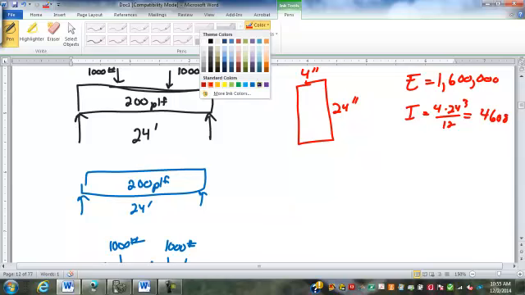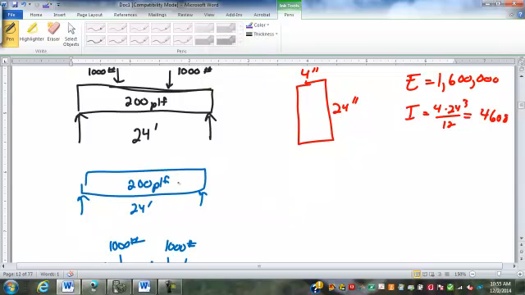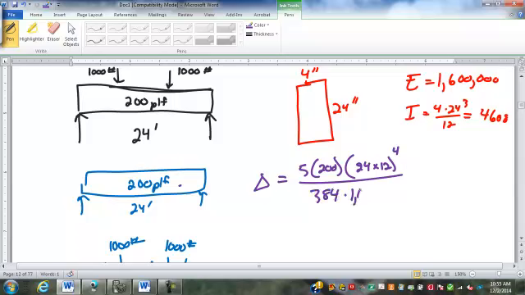So our deflection here for the distributed load, delta is going to be 5 times omega, which is 200, times L, which will be 24 times 12 to the 4th power, over 384 times E, which is 1,600,000, times I, 4608.